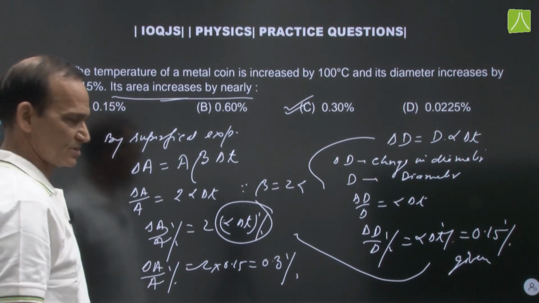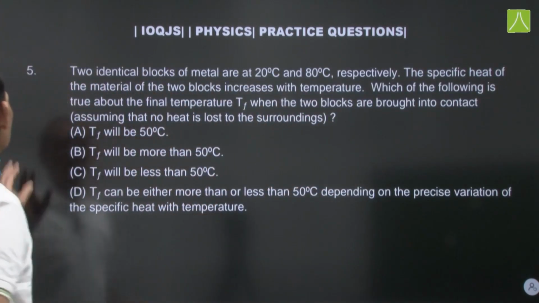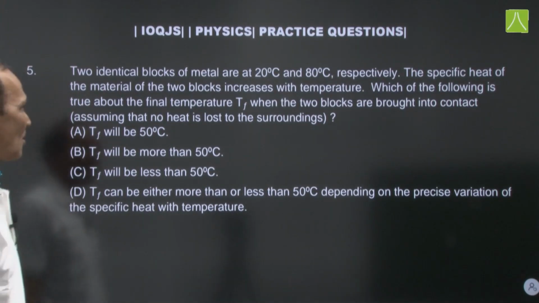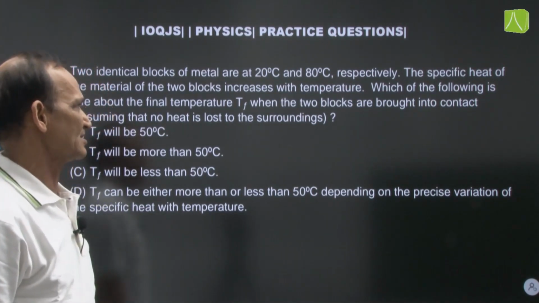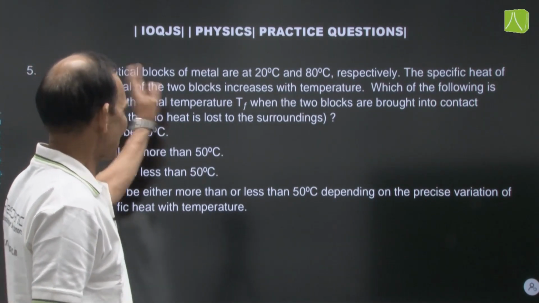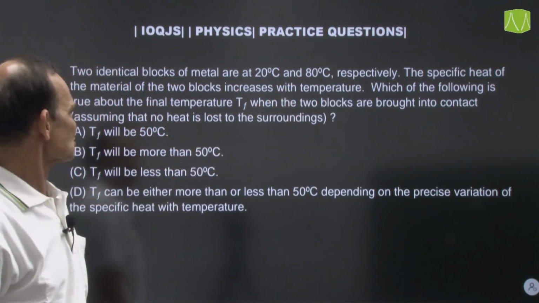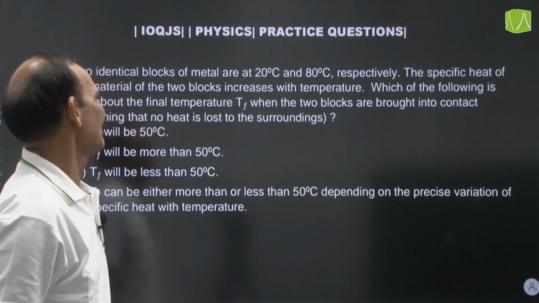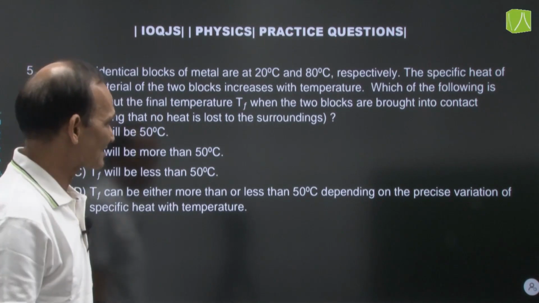Now the next question, the 5th question. Two identical blocks of metal are at 20 degrees Celsius and 80 degrees Celsius respectively, the first at 20 and the second at 80. The specific heat of the metals increases with temperature, meaning the specific heats of the first and second are different and depend on temperature.